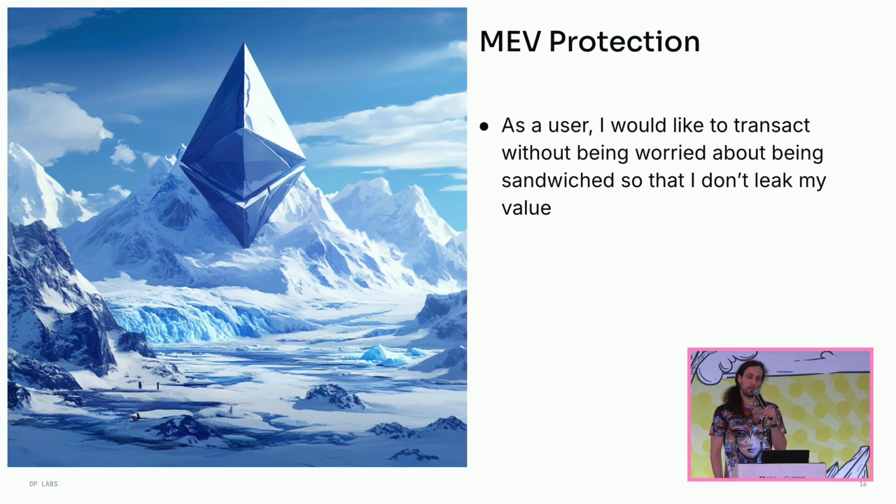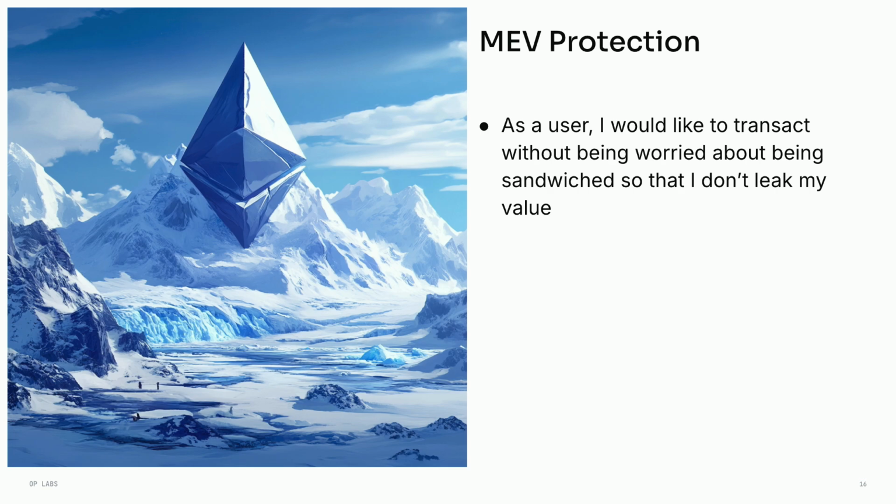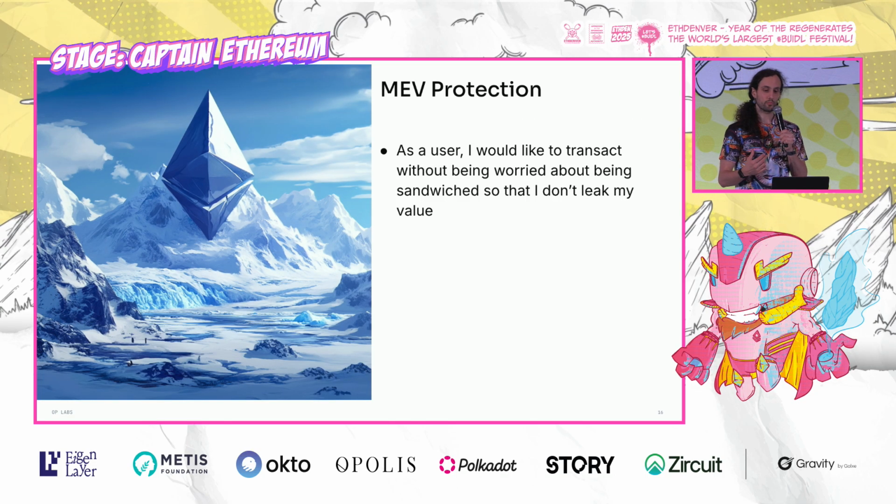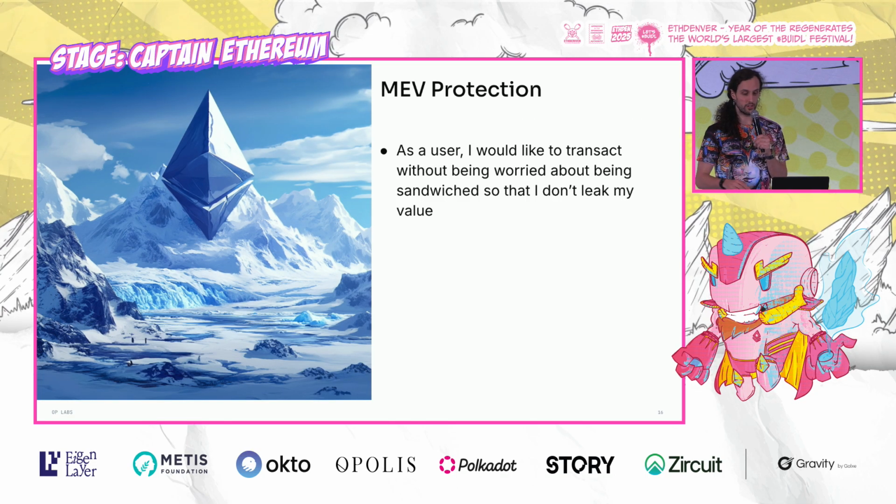So now let's talk a little bit about MEV protection. As a user, I'd like to transact without being worried about being sandwiched so that I don't leak my value, right? This is a major problem on L1, where there's Jared from Subway who sandwiches users and makes a lot of money doing this.